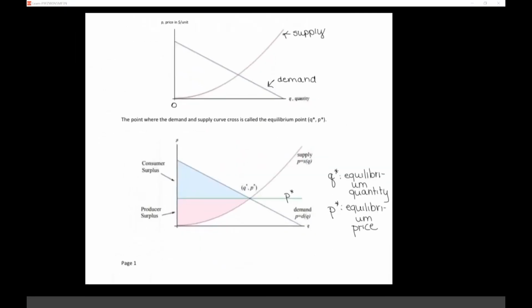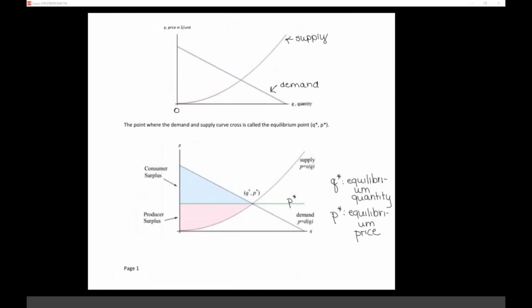Of the blue area, you can see that on my horizontal axis, this goes down to Q star. That's what that equilibrium point means. So if I want to find this area, I'm going to integrate from Q equals 0 out to Q star, because that's as far as this blue area goes to the right.